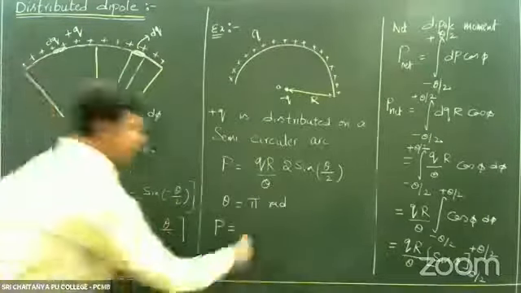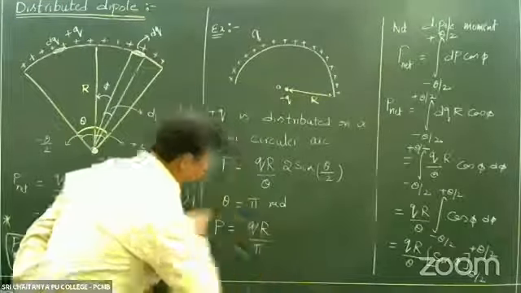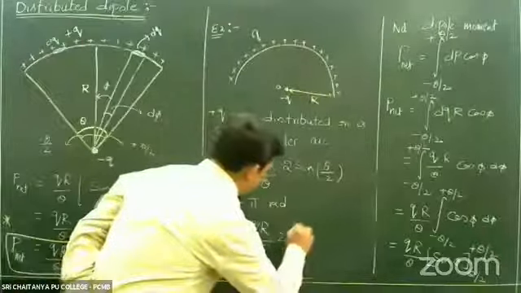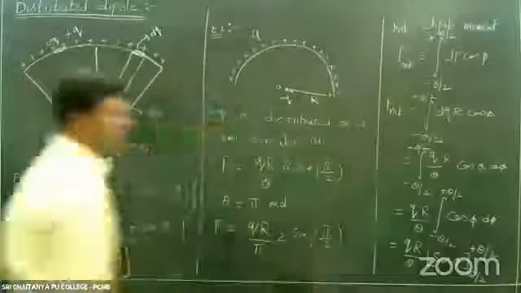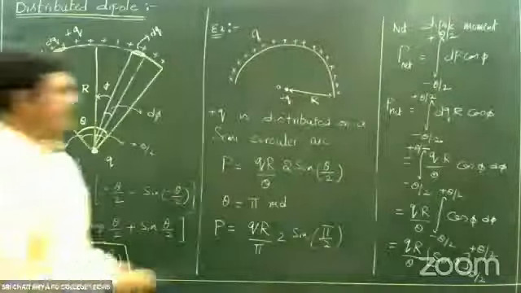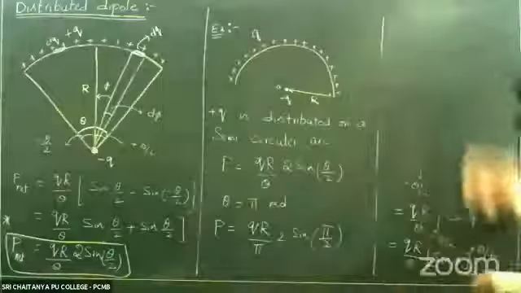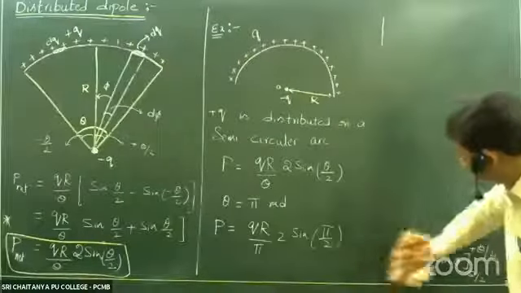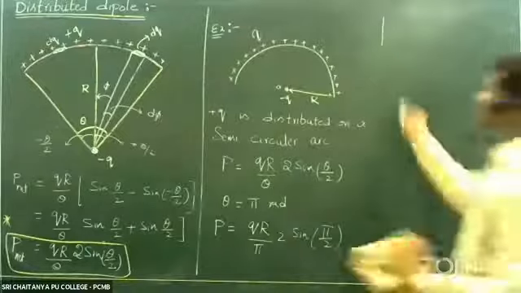P is equal to QR by pi, 2 sine pi by 2, right? Then what is the final answer?